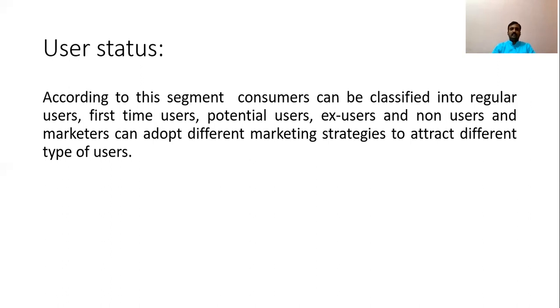Marketers can adopt different marketing strategies to attract different types of users. For non-users, a reference group is very important, as they can refer to these groups and be introduced to the new products or services.